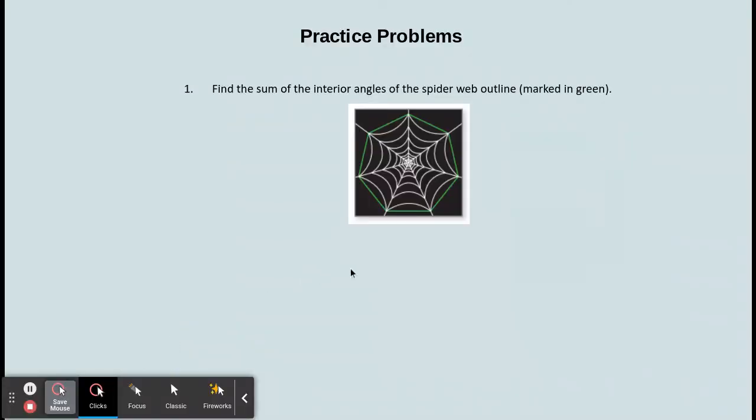All right, hints on the practice problems. It says here to find the sum of the interior angles of the spider web outline, and you can see the outline in this slide is green. In your notes, it probably would be like a gray, but let's look at this.